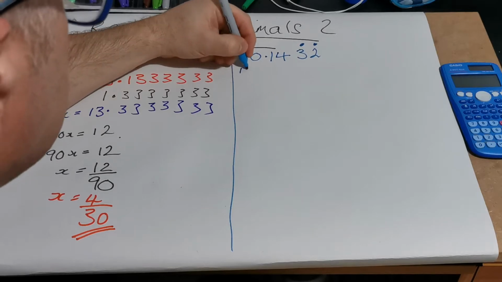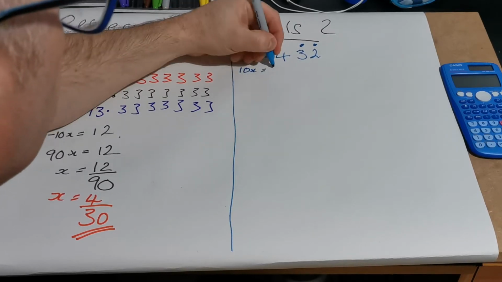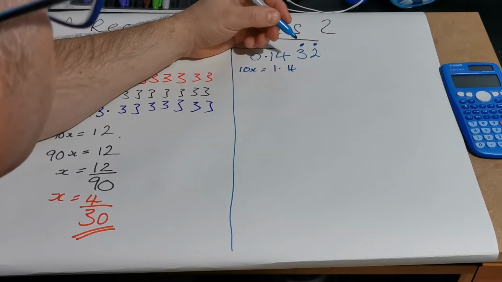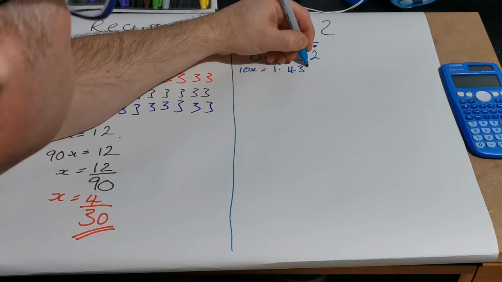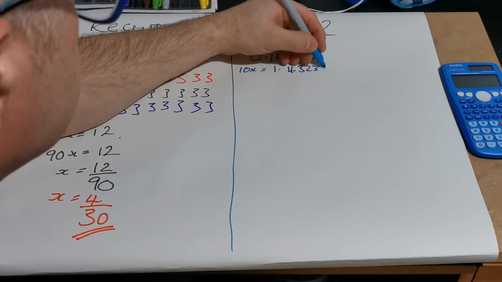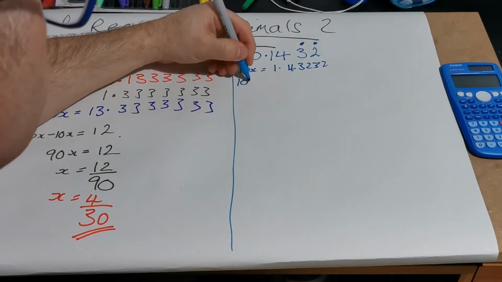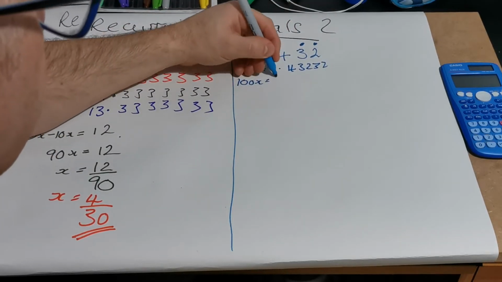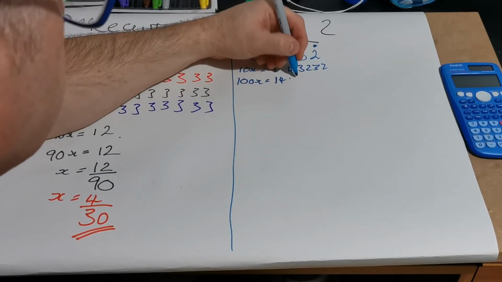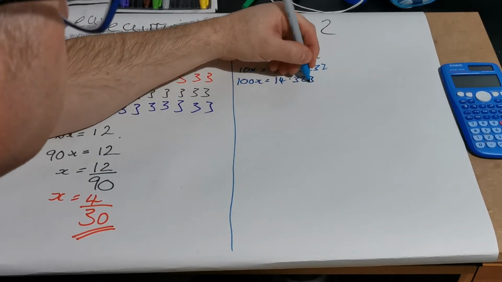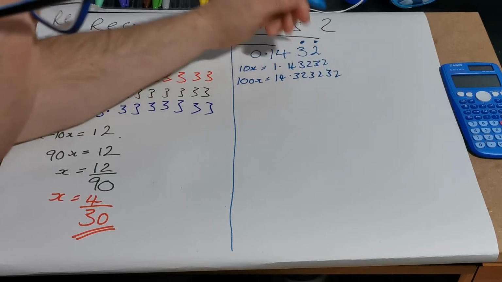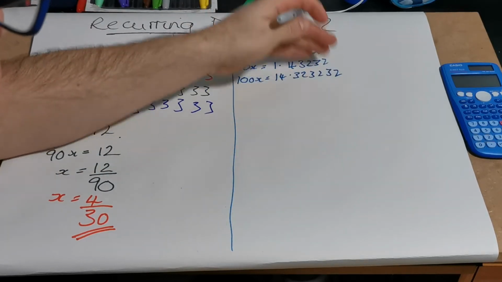So if I look at 10x, I get 1.43232, because the 3 and the 2 are the bits which are recurring. If I look at 100x, I get 14.323232. Still not the same.